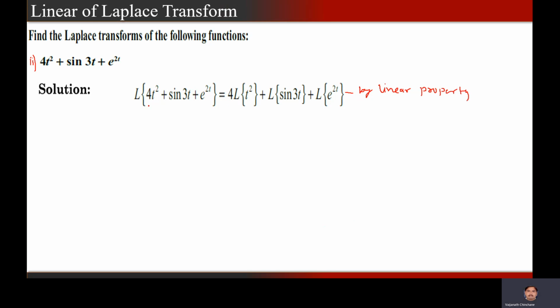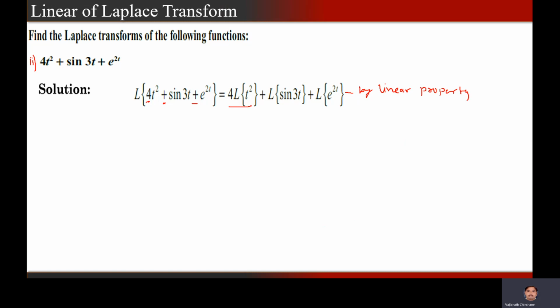Because this is plus, this is plus. When there is plus or minus, then we separate, and when we multiply by any constant, take that constant outside. So 4 outside, Laplace of t square plus Laplace of sin 3t plus Laplace of e raised to 2t, by using linear property.